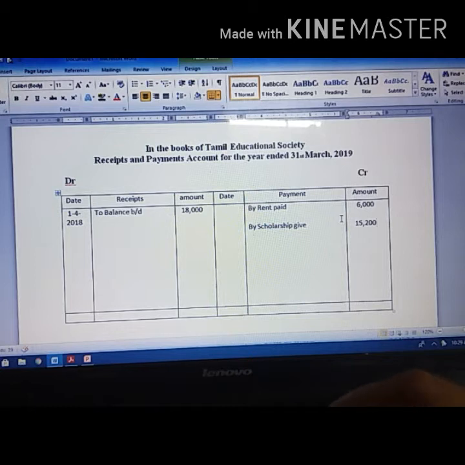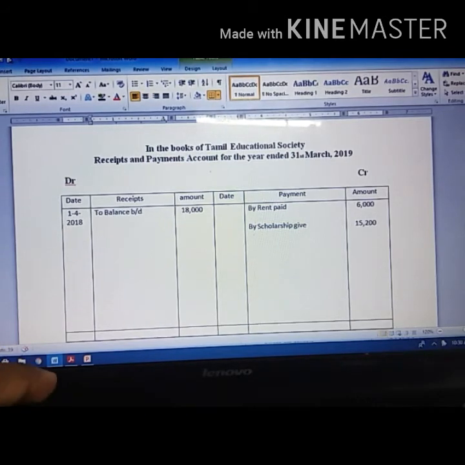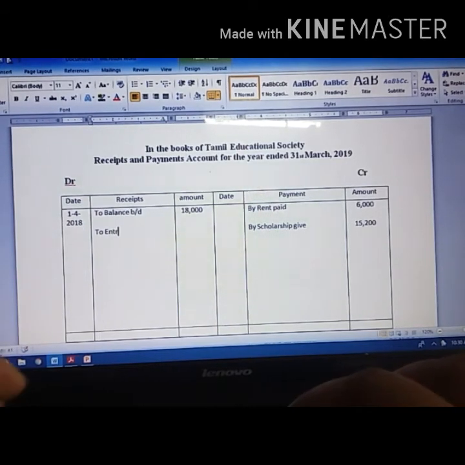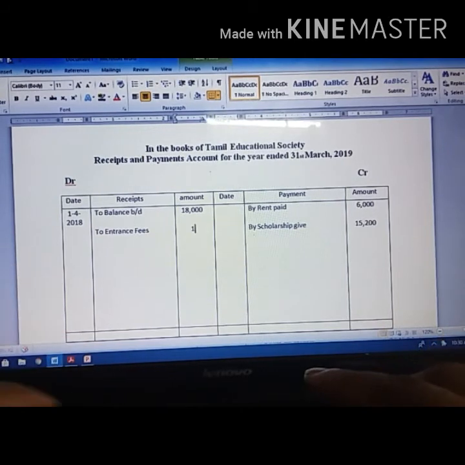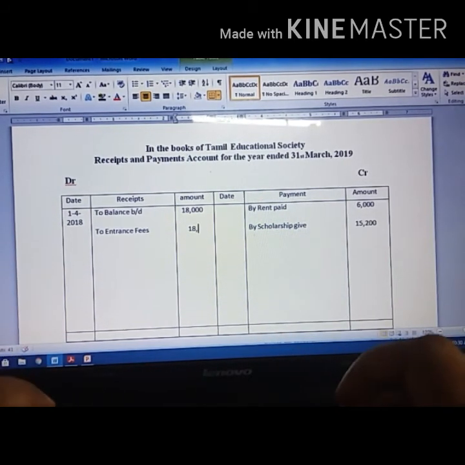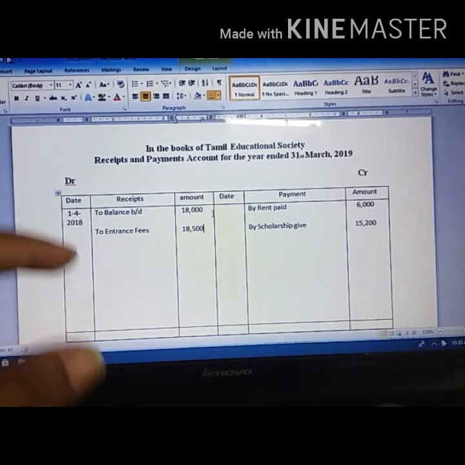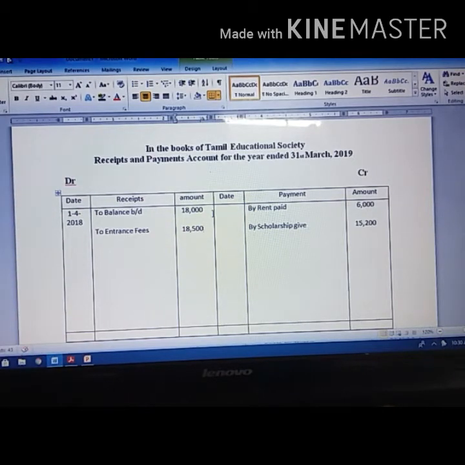After that, entrance fees received. Entrance fees is a receipt, so I have to write it on the debit side. So To entrance fees, 18,500. Then building purchase, staff salary, subscription receipt. Building purchase and salary are on the payment side, so one by one I am going to write here.